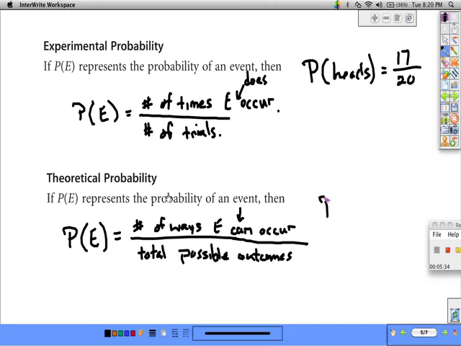So for the theoretical probability of getting heads, there are two possible outcomes, and there's only one way you can get heads. The theoretical probability is 1/2. It has nothing to do with any experiment that I do. It's theoretical. Experimental probability can be anything. It depends on what you get as results. Theoretical probability is completely dependent on the situation.